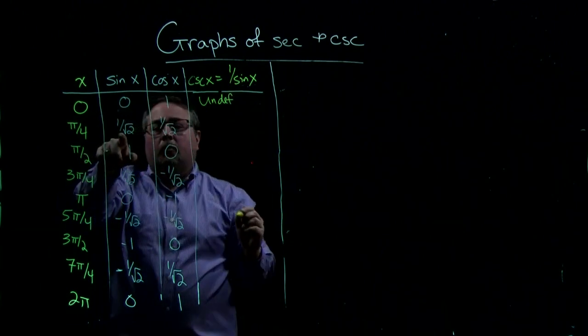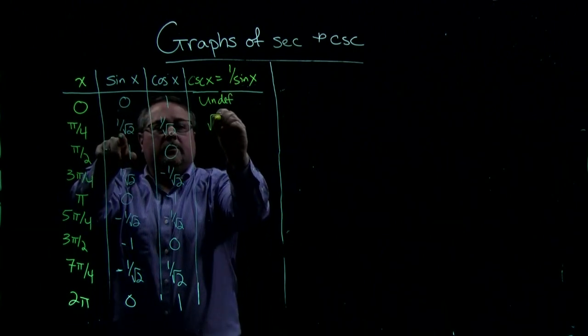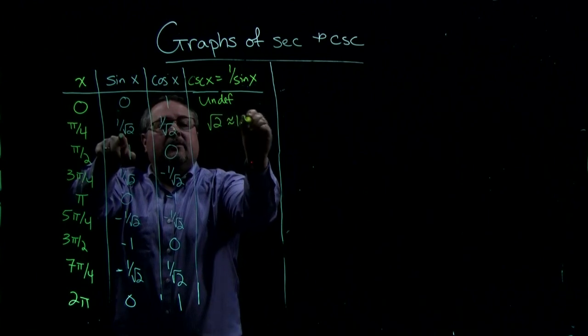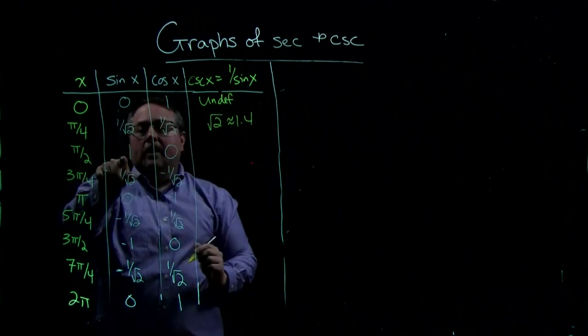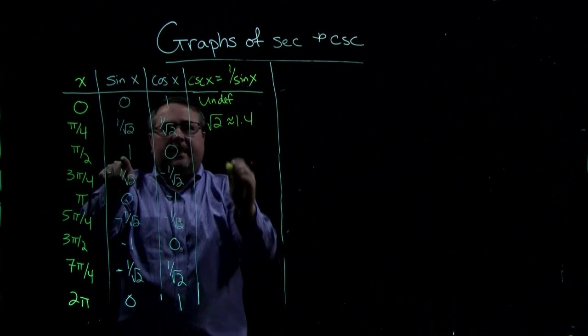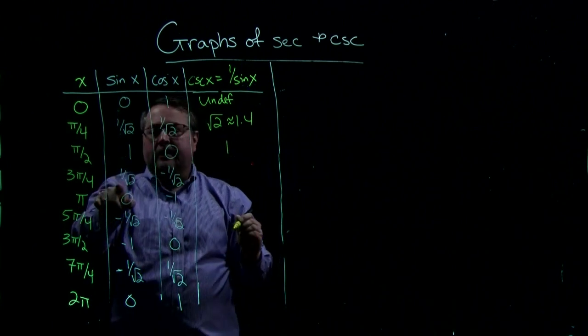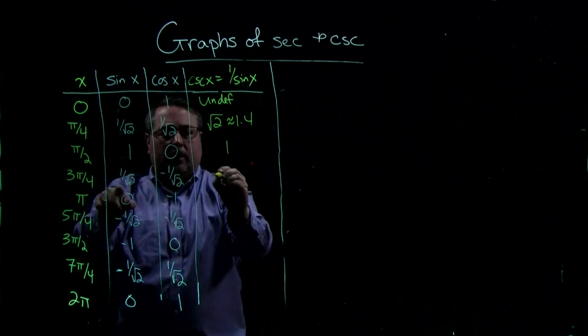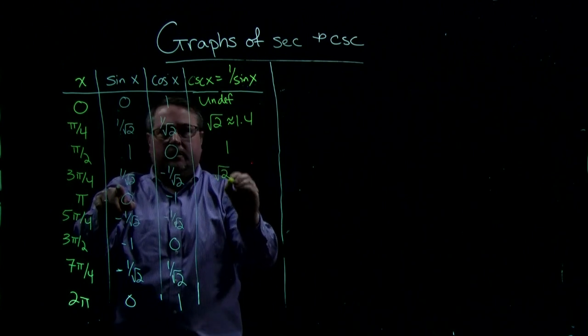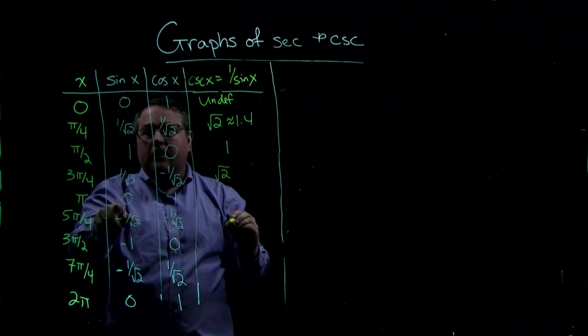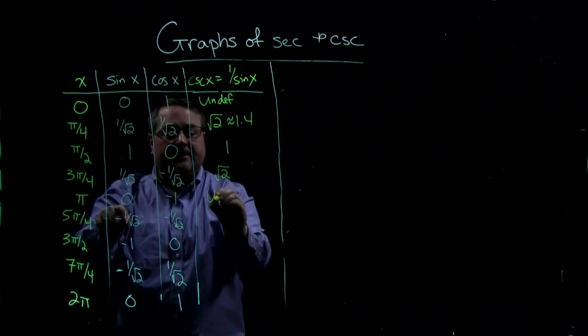When x is pi/4, sine is 1/√2, cosecant is √2, which is again a little bigger than 1. When x is pi/2, sine is 1, cosecant is 1. When x is 3 pi/4, cosecant will be square root of 2. When x is pi, sine is 0, so cosecant is undefined.